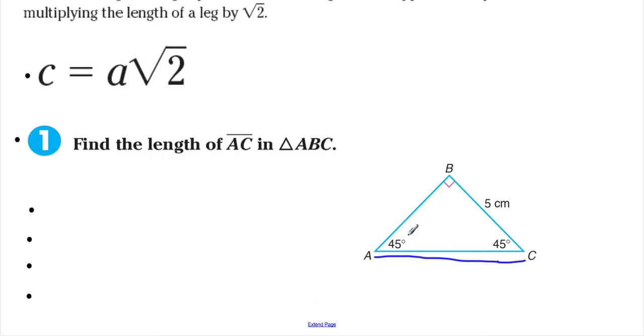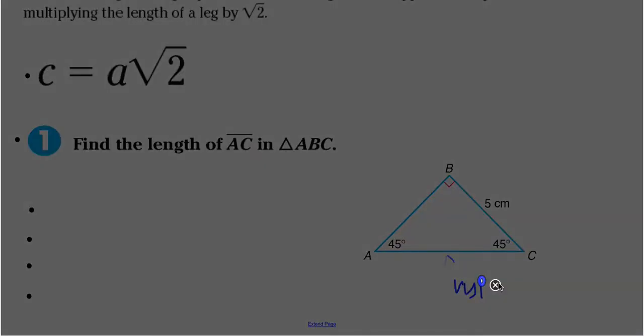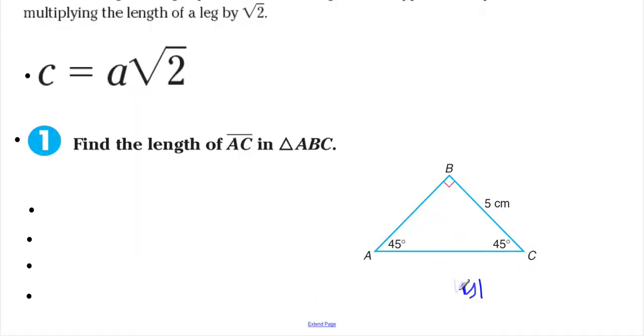We know that it's a 45 degree right triangle, and this is our hypotenuse, because that is the longest side of our right isosceles triangle.